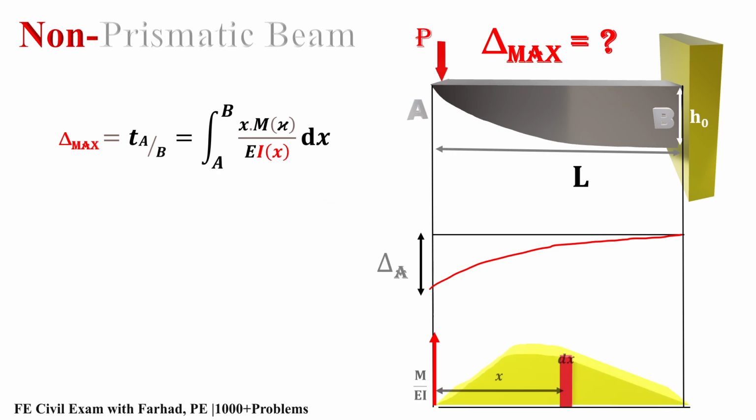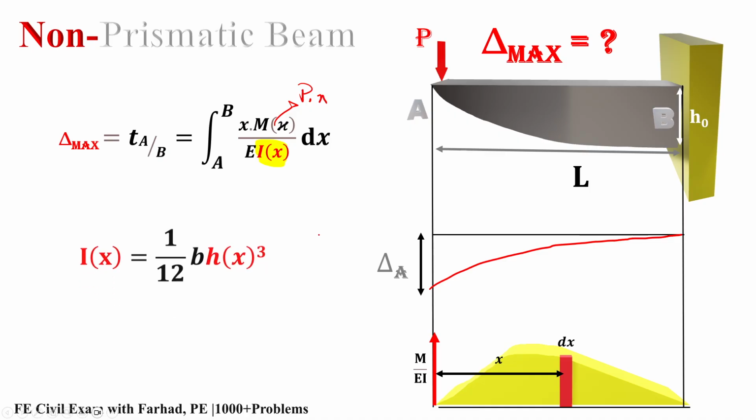We can easily see Ix is changing, and Mx is changing as well, but that's simple: that's P times x. But we have to calculate Ix. Ix is 1/12 base times height cubed, but the height is a function of x as well.